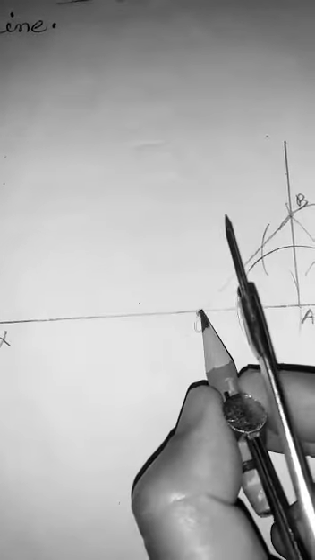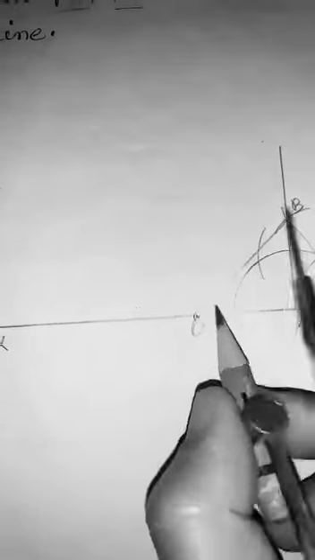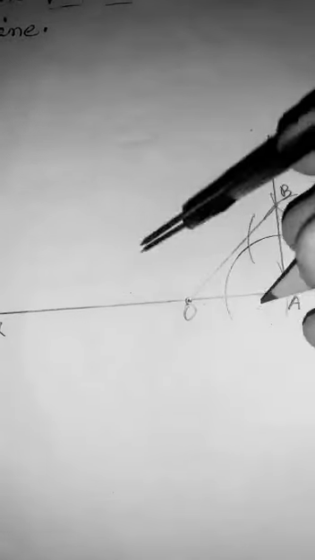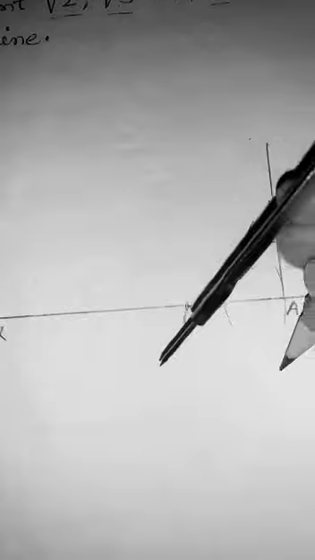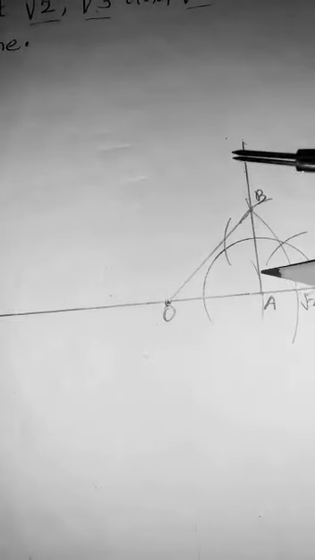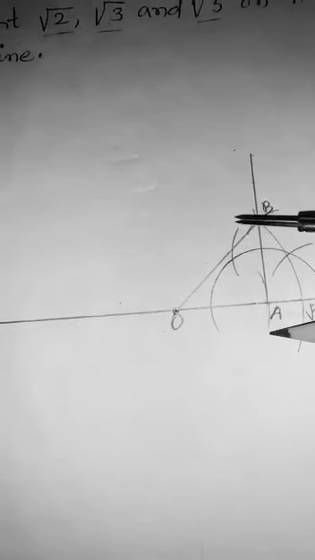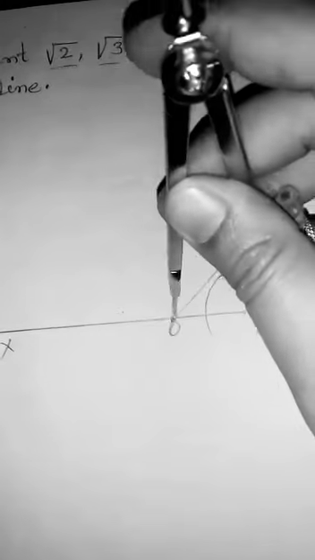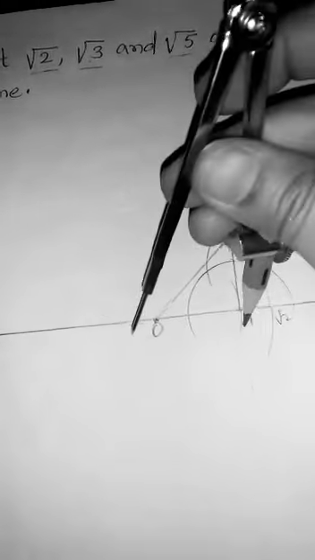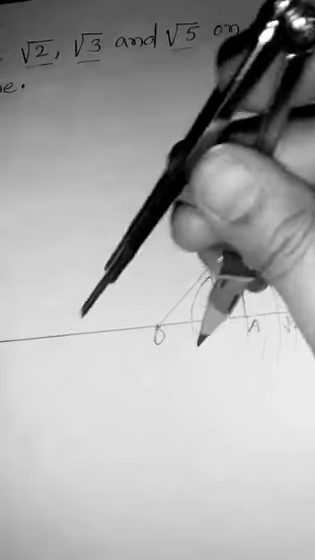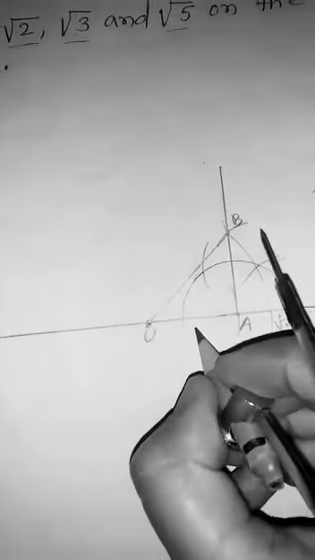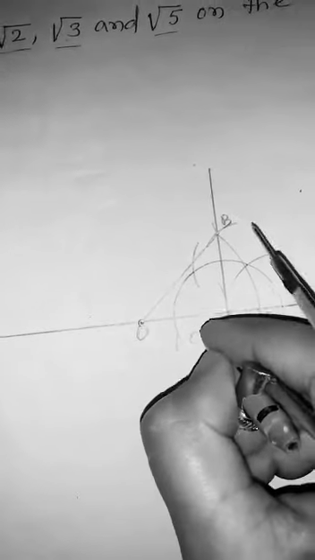Then what you have to do, from this origin, you take 1 centimeter as radius and cut an arc at A. You know how to cut an arc. For this, you put the compass on O and cut an arc at A. And here OA is equal to 1 centimeter.